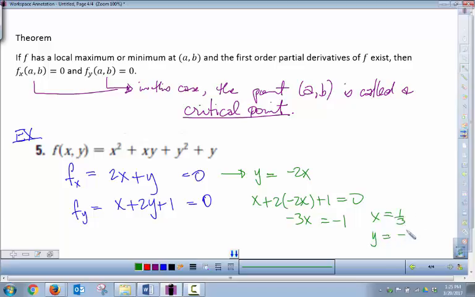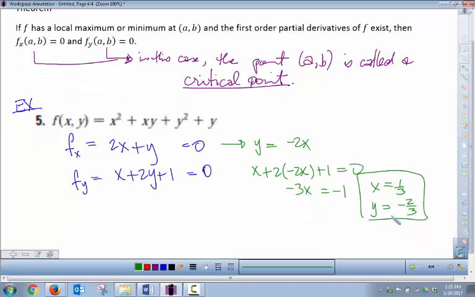Yep. So this is your critical point. And this seems like it's the only critical point in this example. So this is our only critical point.